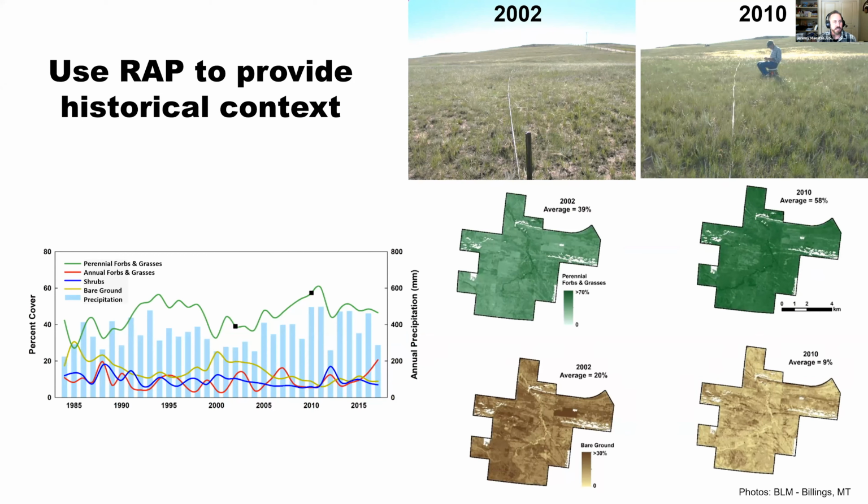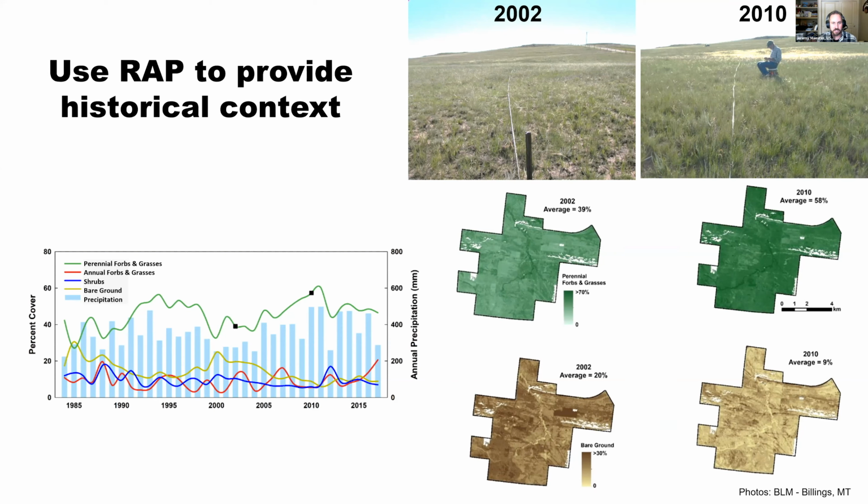And then they did the repeat monitoring in 2010, and it looks quite a bit different. More productive perhaps, or maybe it just wasn't grazed that particular year. But those estimates from those points could also be informed with a perspective using RAP data or other remote sensing data for that matter, to look at the rest of the allotment around you, what's happening.